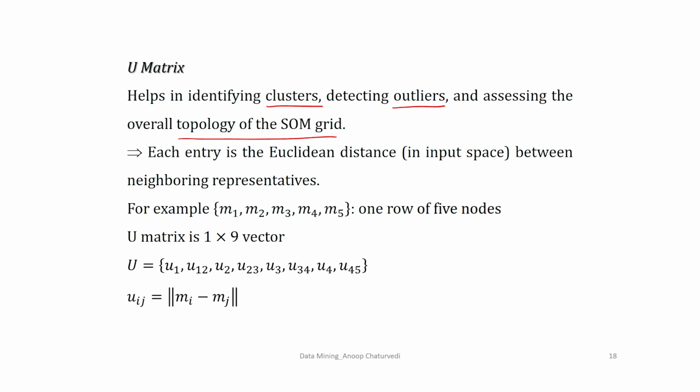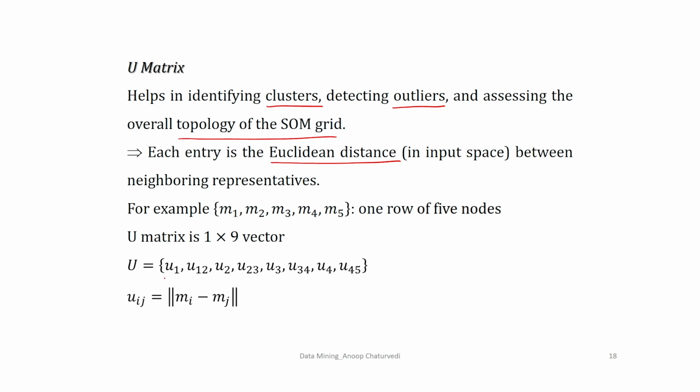Then in the input space, each entry is the Euclidean distance between neighboring representatives. For example, suppose M1, M2, M3, M4, M5 is a particular row of 5 nodes. Then U matrix is a 1 cross 9 vector.